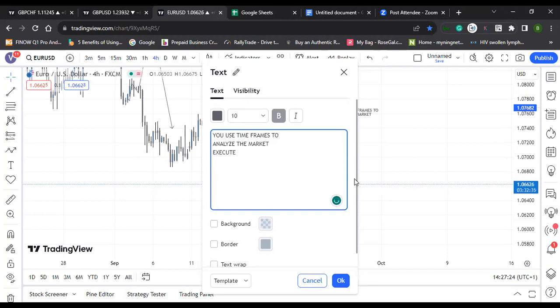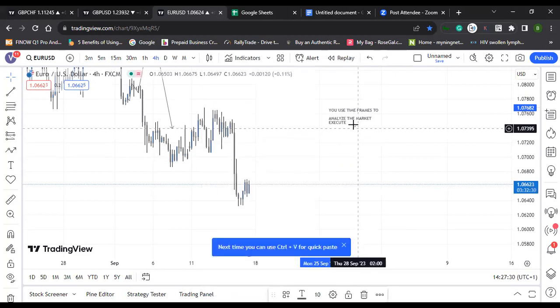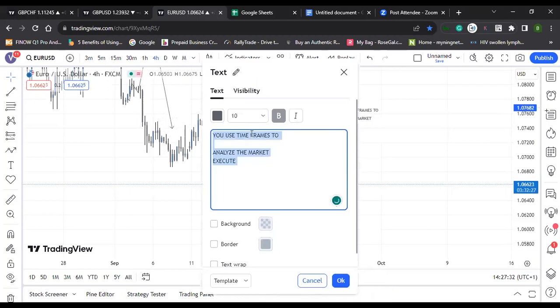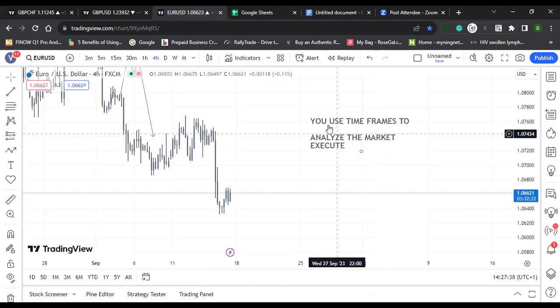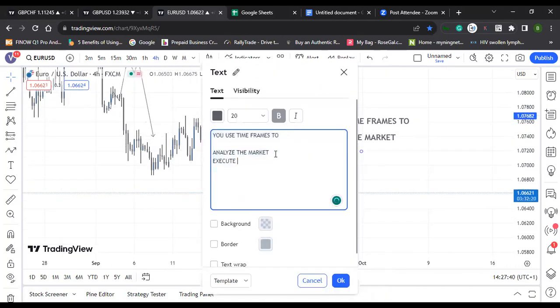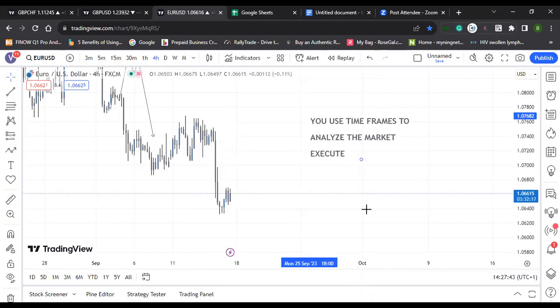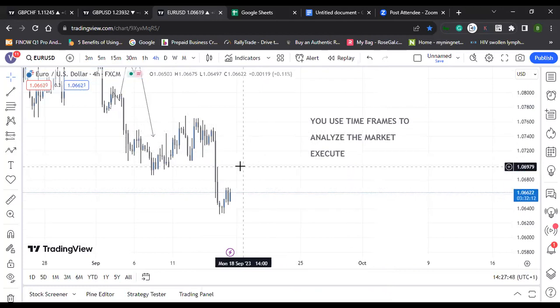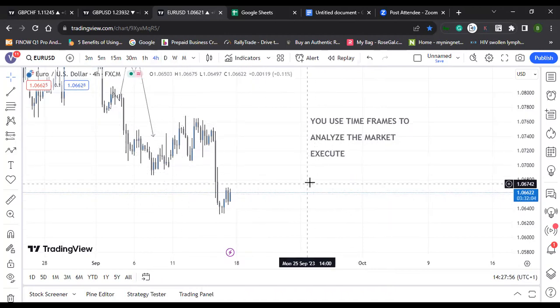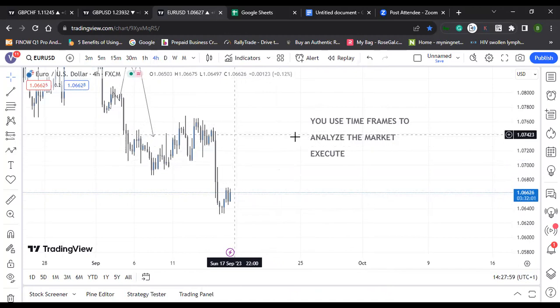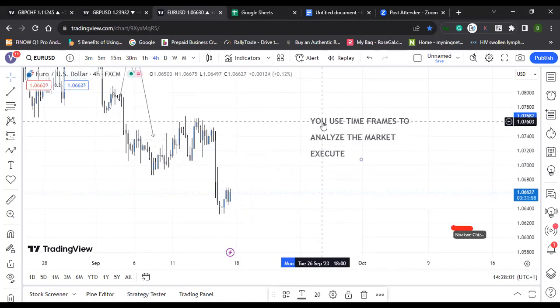So now use time frame to analyze and execute. These are the things you mostly use time frame for. What is price saying on the 4 hours? Most people trade, and now it depends on your execution, depends on what kind of trader you are. Are you a swing trader? Are you a scalper? Are you a day trader?